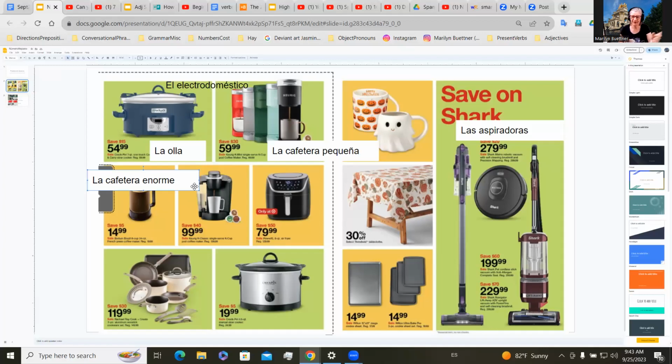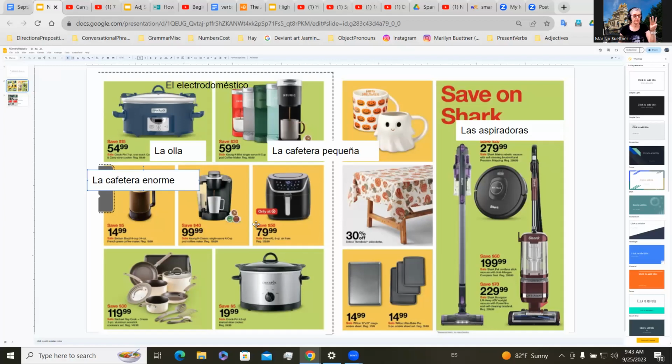That's kind of a pressure cooker. Olla is a pot. La olla de presión, it's a pressure cooker kind of thing, ¿sí? La olla de presión cuesta 54. Bueno, y también tenemos un air fryer, ¿sí? Que cuesta 79. Ok, vale. Hay 3 aspiradoras, ¿verdad? Sí.